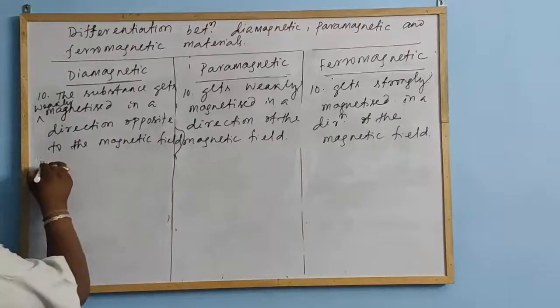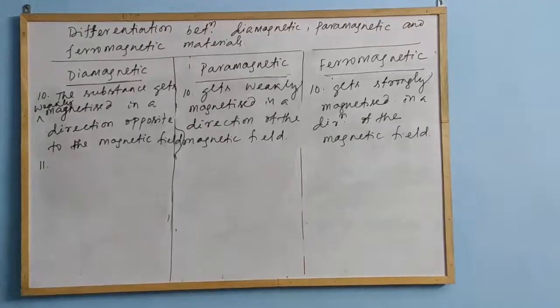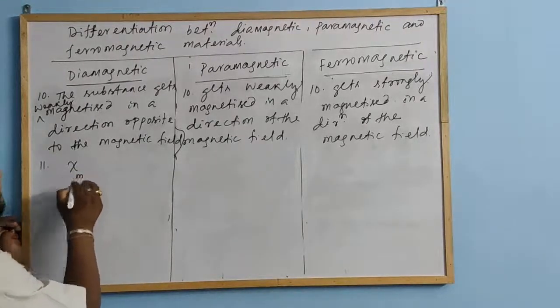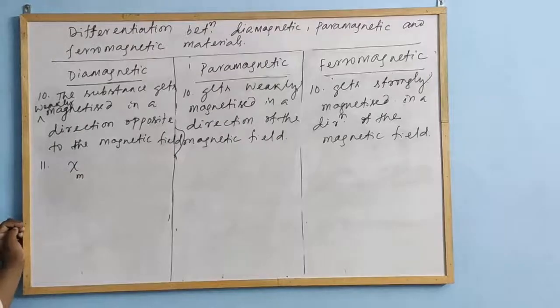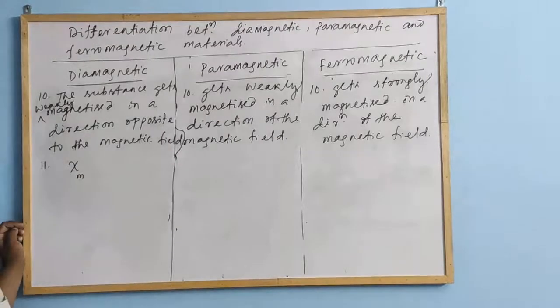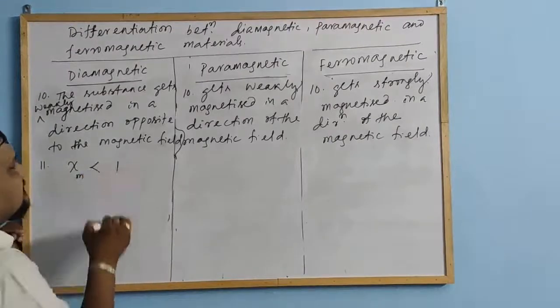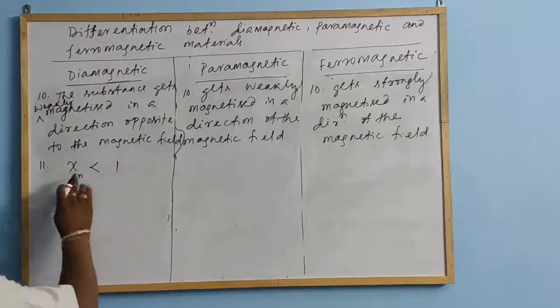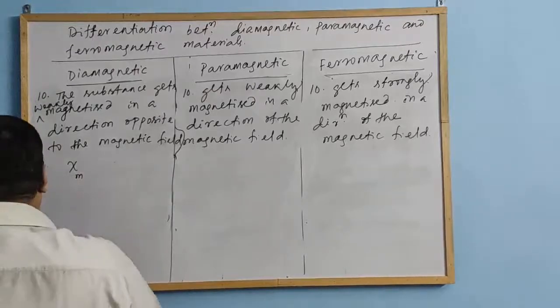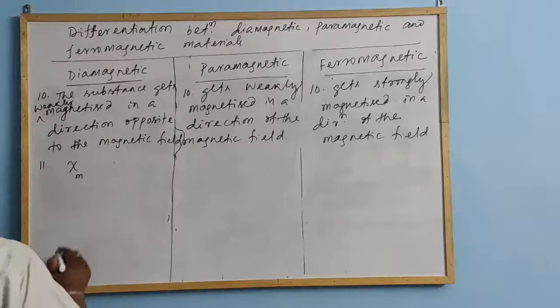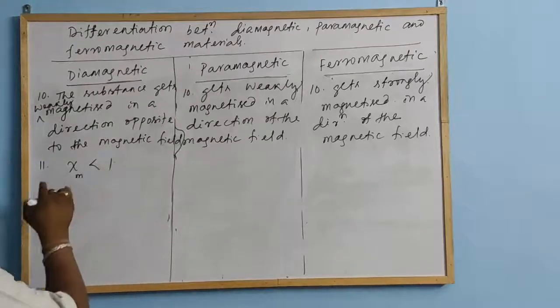Then I will go to the 11th one. The magnetic susceptibility of diamagnetic materials is less than 1. What is the susceptibility?